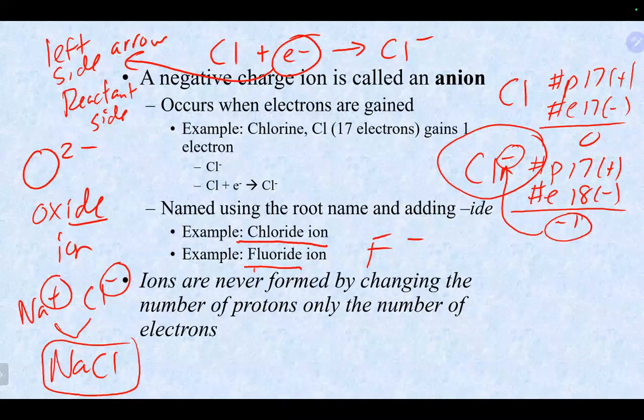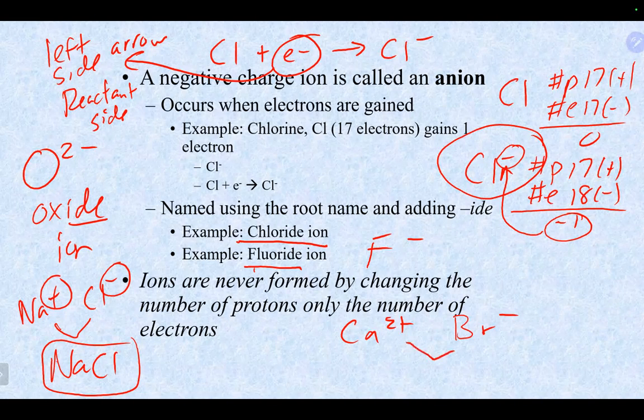And so, for example, if I had something like Ca2+ and Br-, in this case, if I put these guys together, would I get an overall charge of 0? I would not, right? One's plus 2, one's minus 1. I actually need more of the Br. I need 1 more.